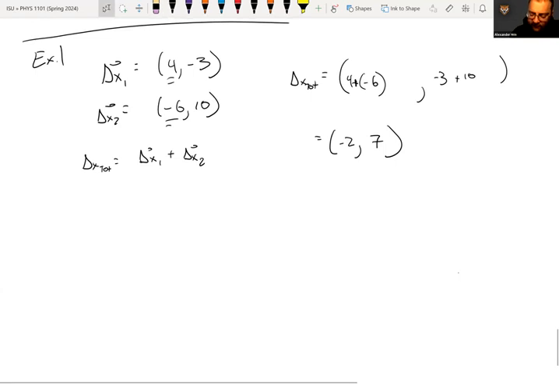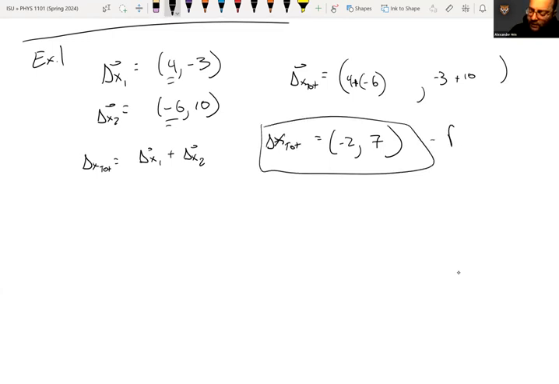Now, it's helpful to draw, so this would be in rectangular form. Delta x total, whoops, not delta total, but delta x total, in rectangular form would be that. Now, if we were asked to do it in polar form, we don't necessarily need to draw it, but a lot of times it can be helpful.